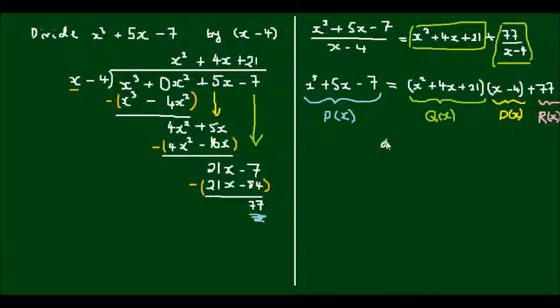So just write that down: degree of r of x is less than the degree of d of x, the divisor.